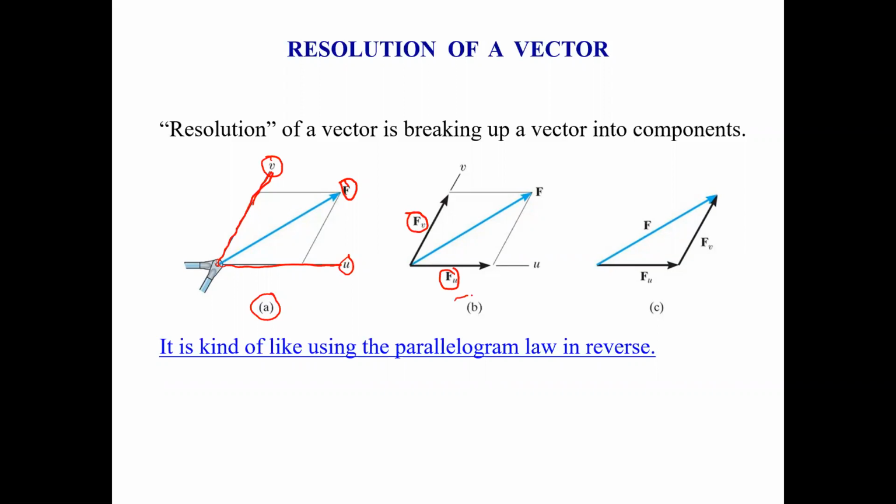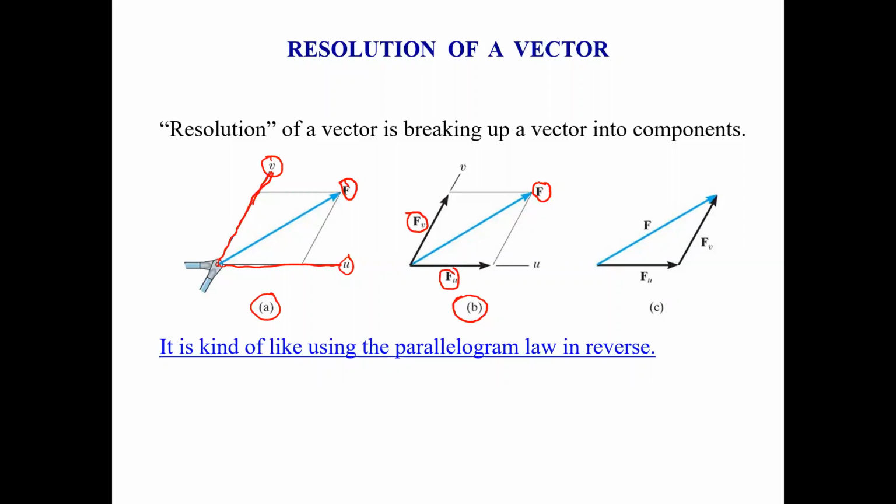Now, if you look at figure B, what are we doing here? This is your vector f. Now, draw a line parallel to the u-axis and parallel to the v-axis from the tip of vector f.